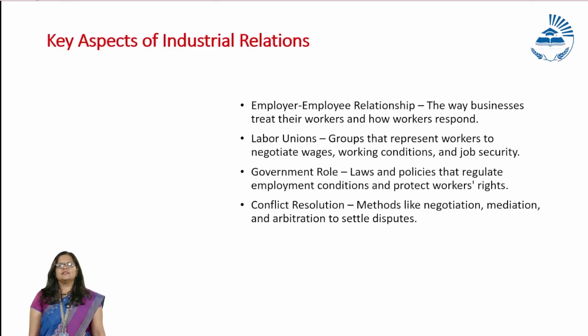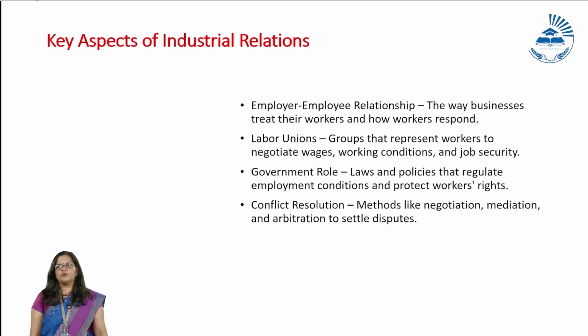Okay, next is regarding the labor unions. So next important aspect of industrial relation is having labor unions. So as you all know, you might have heard about what is labor unions. So they are basically called as trade unions as well. And what are these groups? These groups are nothing but a group of employees who have associated voluntarily in order to negotiate regarding their wages, working conditions, and job security to the management.